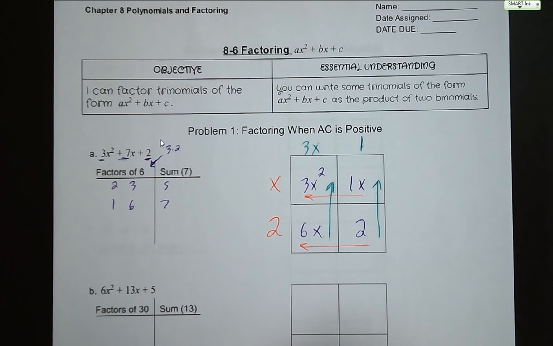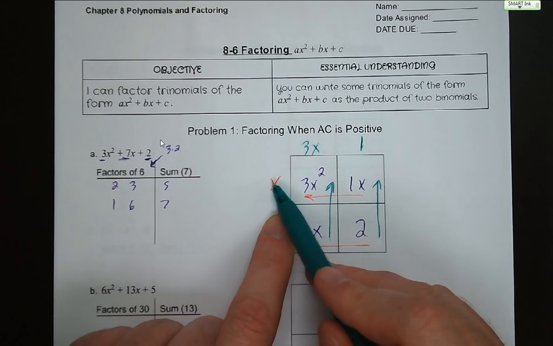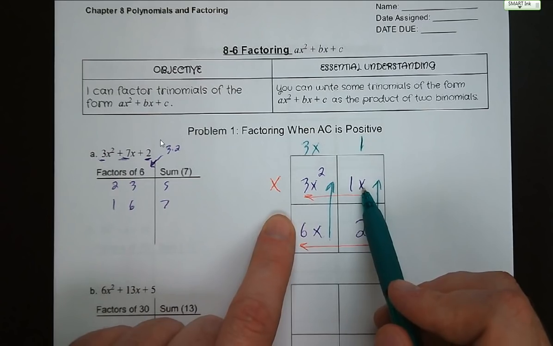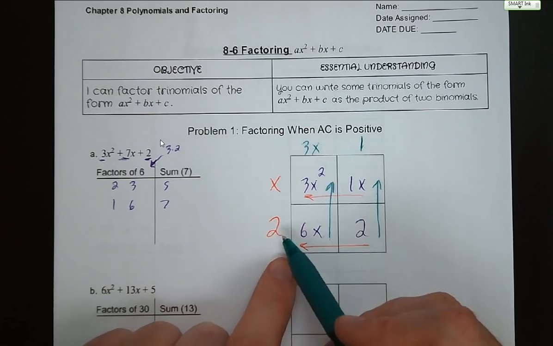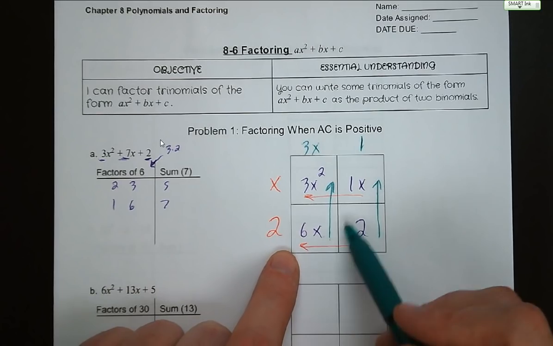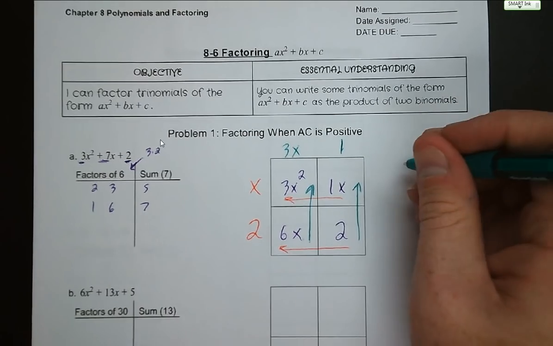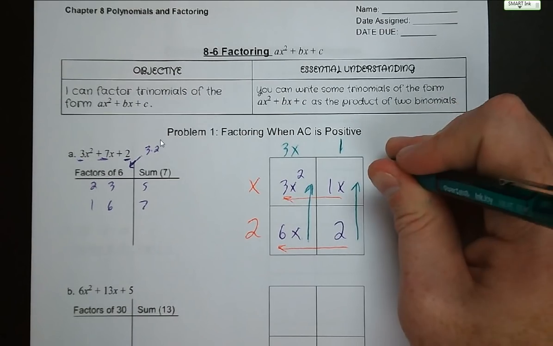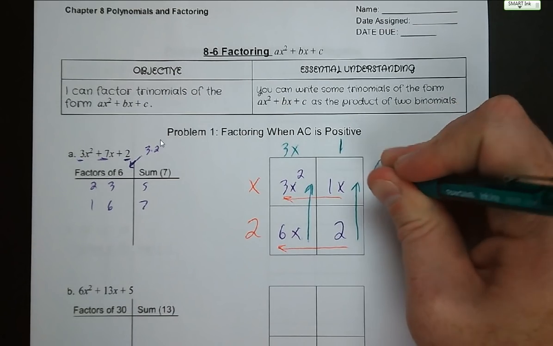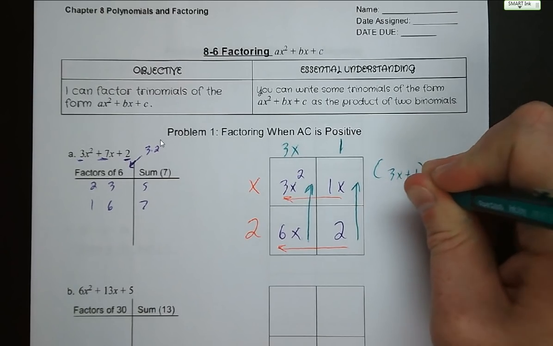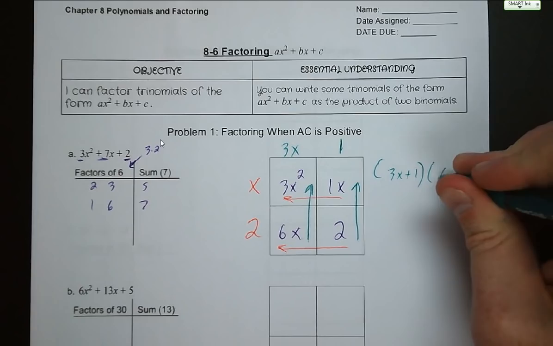If you think about this, 3x times x gives us 3x squared. 1 times x gives us 1x. 3x times 2 gives us 6x. 1 times 2 gives us 2. So our factored form of this expression is 3x plus 1 times x plus 2.